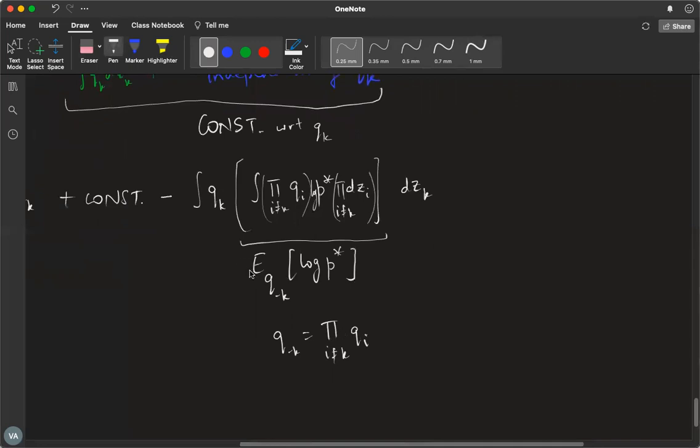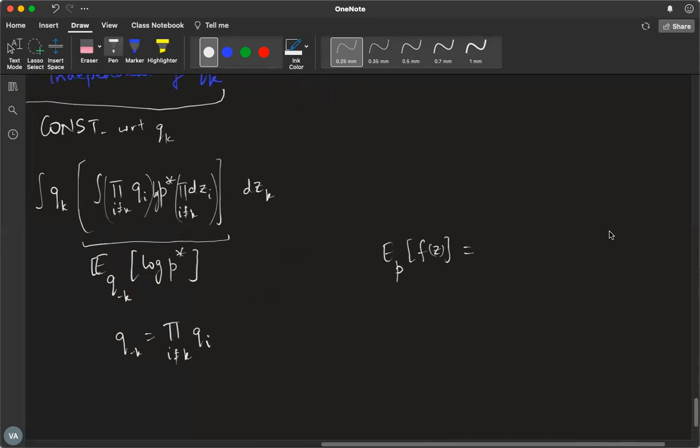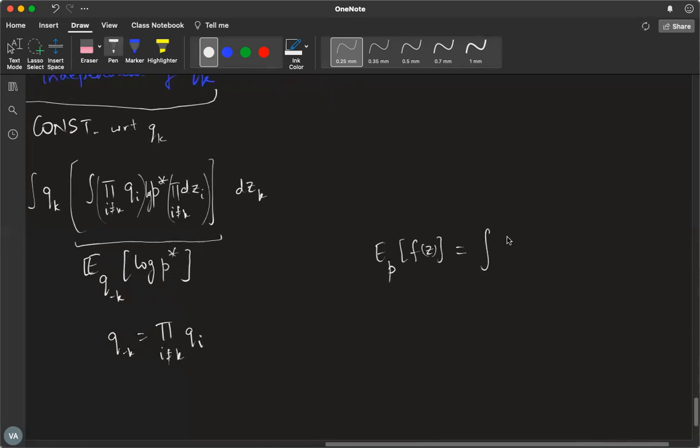So what is the meaning of this? If you are a little unfamiliar with this expected value notation, whenever we say expected value over some probability distribution p of some function of z, this is equal to the integration of f(z) p(z) dz, and this z can be a vector or scalar, anything, doesn't matter.